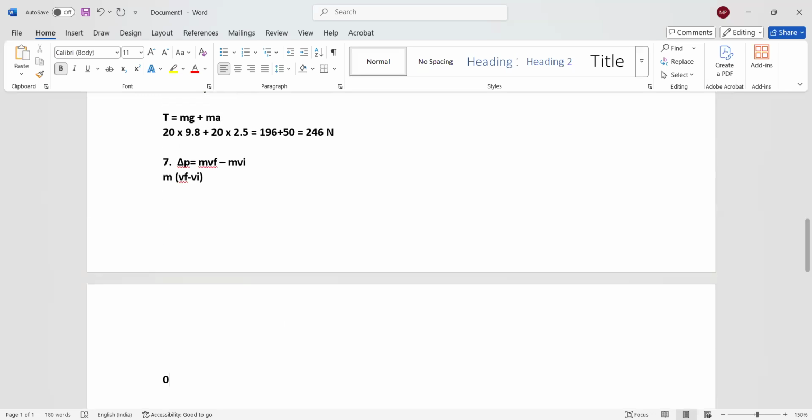Now you can substitute the value 0.1 into 10 minus minus 10, and when you solve the equation you'll get a value of 2 meter per second.